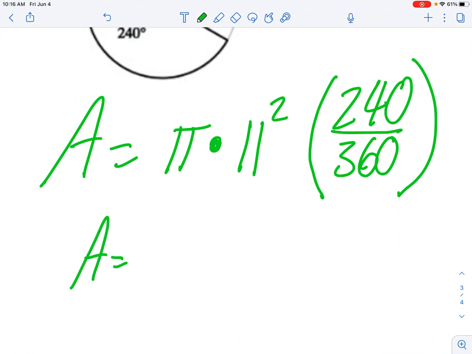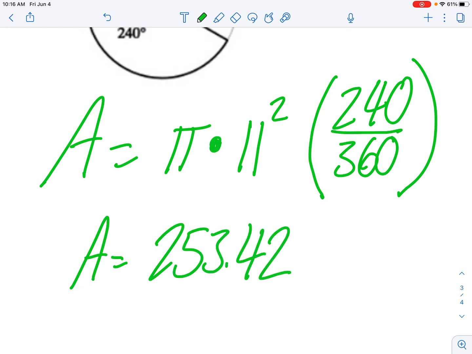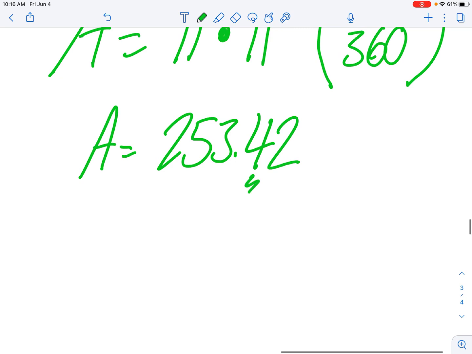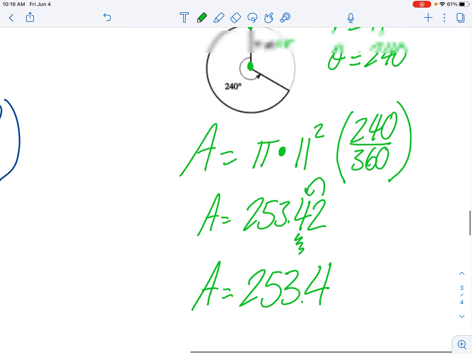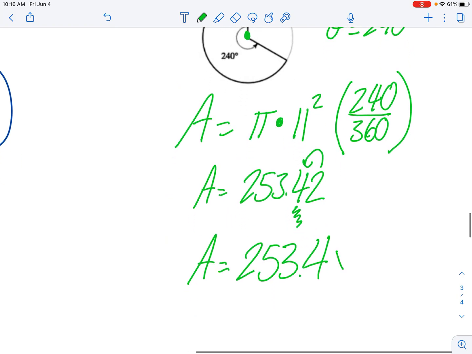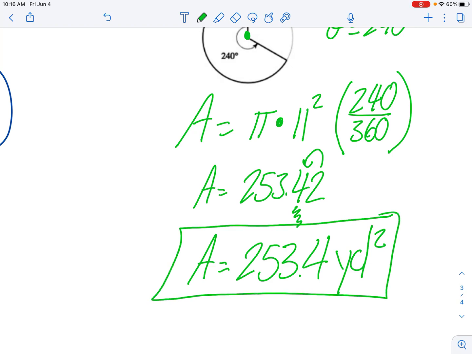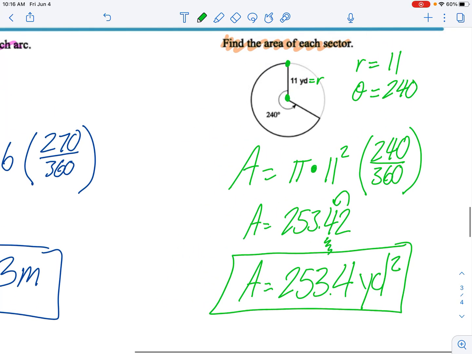So area is equal to 253.42. I'm going to round to the nearest tenth. The 2 is going to tell the 4 to stay 4. So our area of this pizza is equal to 253.4, what is it? Yards squared. Don't forget the square because we're dealing with area.